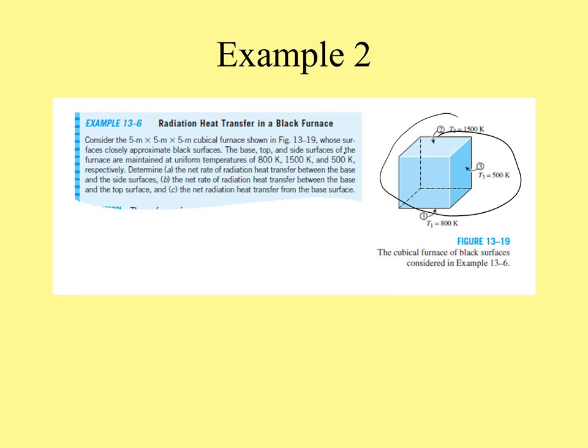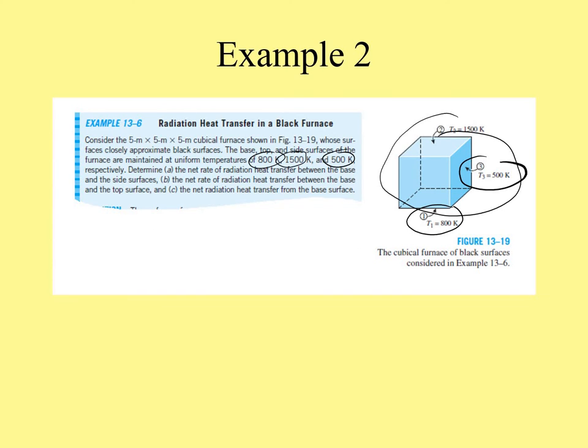The base, top and side surfaces of the furnace are maintained at uniform temperatures of 800 K, 1500 K and 500 K. Determine A, the net rate of radiation heat transfer between the base and side surface.